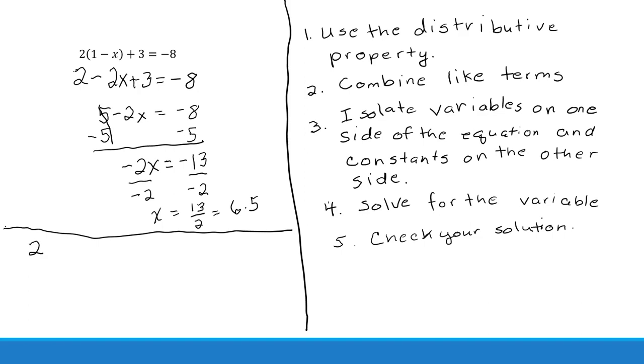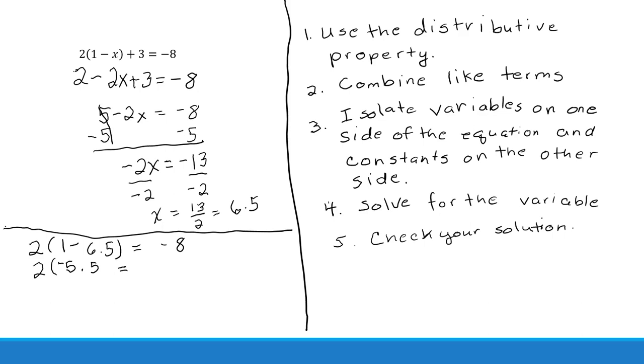So I have 2 times 1 minus 6.5 equals negative 8. In order of operations, we do what's in parentheses first, so I'll just bring my 2 down. 1 minus 6 and 5/10 is 5 and 5/10, and it will be a negative.